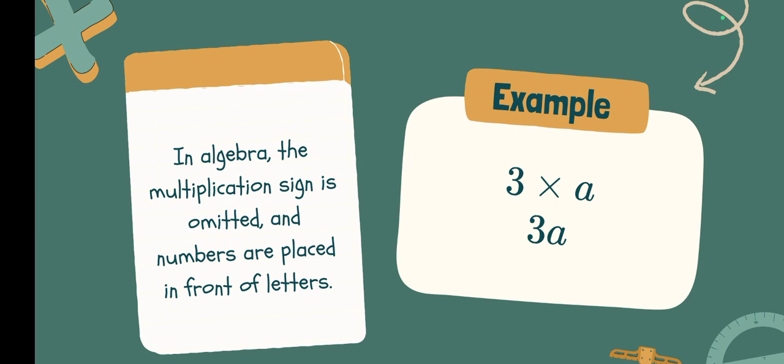If you have to multiply 3 into a, then you only write 3a, right? 3a. But here again, one thing you need to know is that you won't write a variable in front of a number or in front of a constant coefficient.